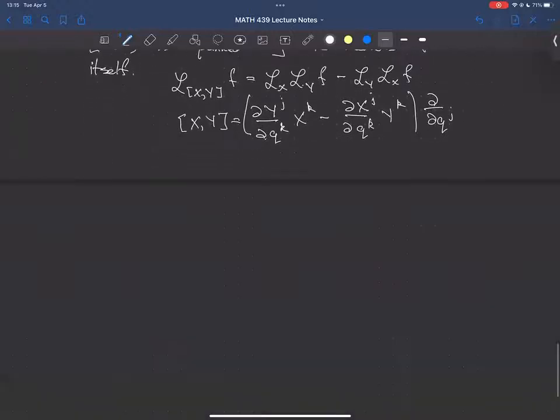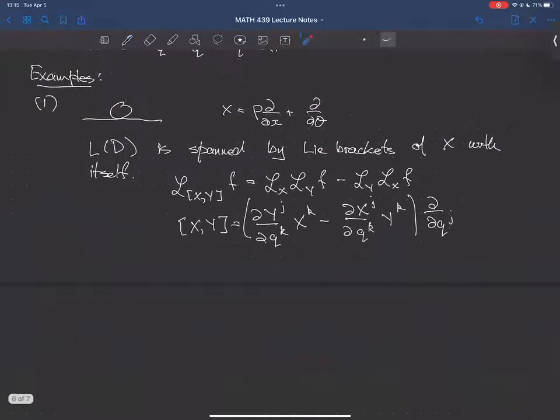The only thing I will draw your attention to is that this is skew symmetric, and so that implies, of course, that X with itself is equal to 0.